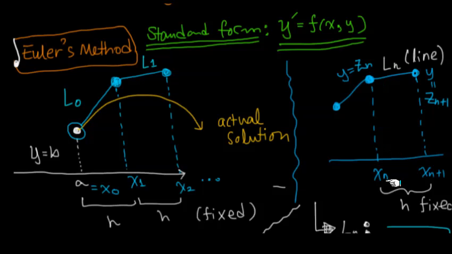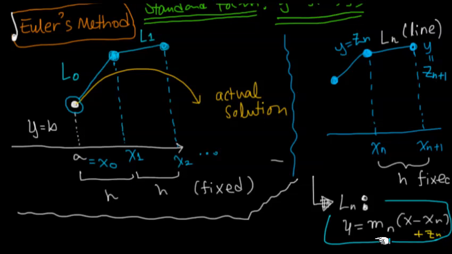Then we're going to plug x_n and z_n into this differential equation and compute the slope of the tangent line at that position and calculate the equation of this line. We call this L_n. And using that line and plugging this increment into that line formula, we'll be able to calculate z_{n+1}, the next position. And you repeat this process again and again.